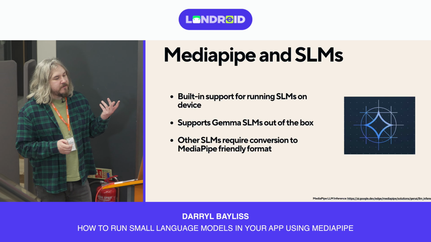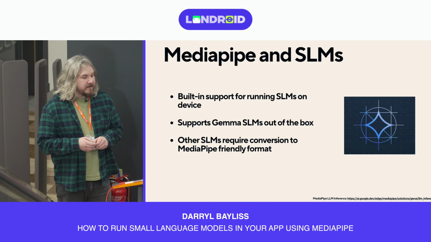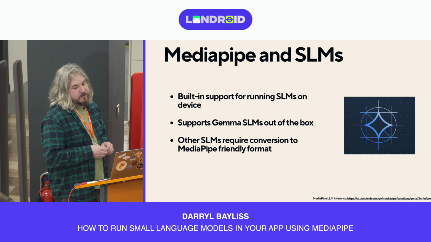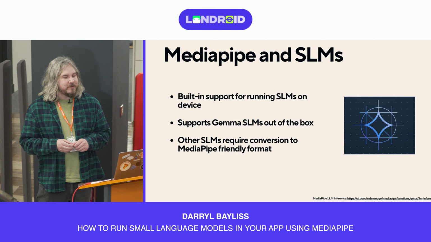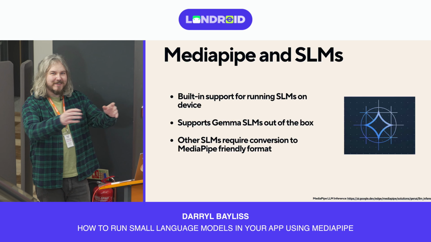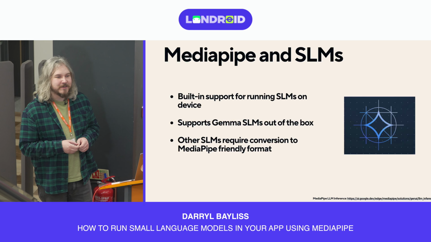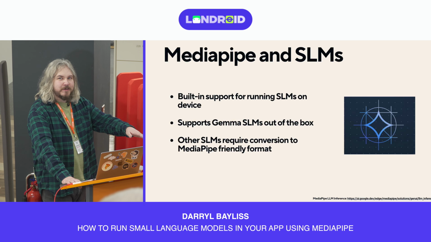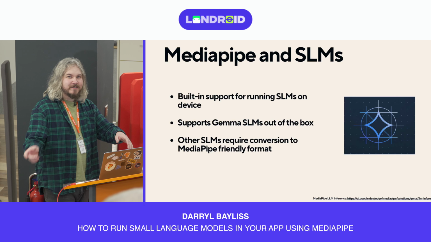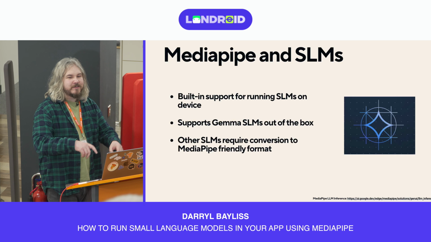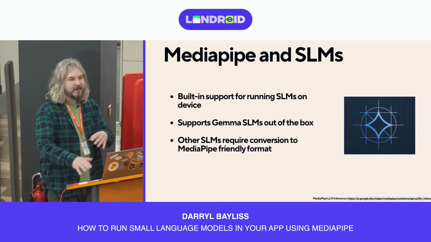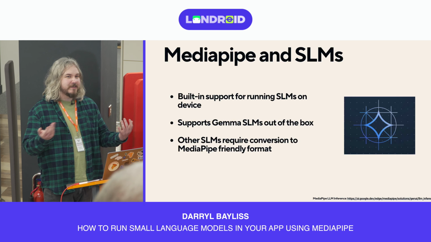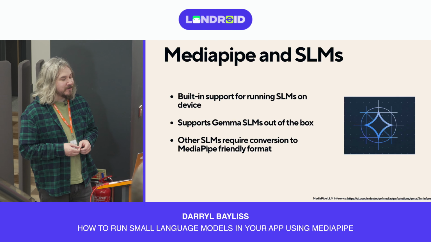Like I mentioned, they've got built-in support these days for running SLMs. Google being Google, they automatically support their own Gemma models out of the box. So you can download the Gemma model, you can install the MediaPipe dependency, you can drag the Gemma model straight onto your Android device, put in the right path, run it, and it will just work, which is quite cool.